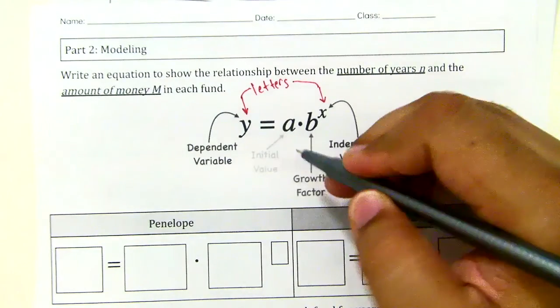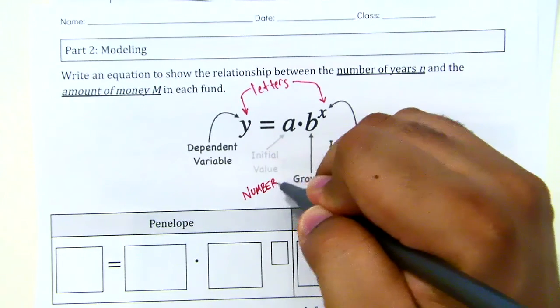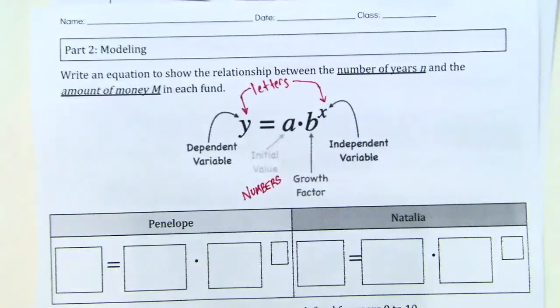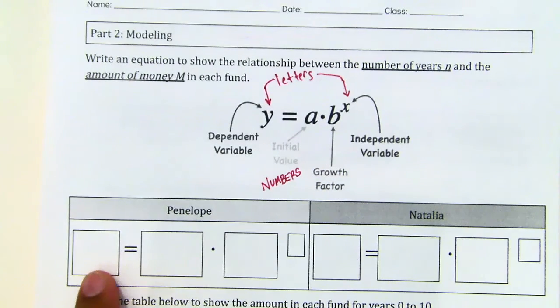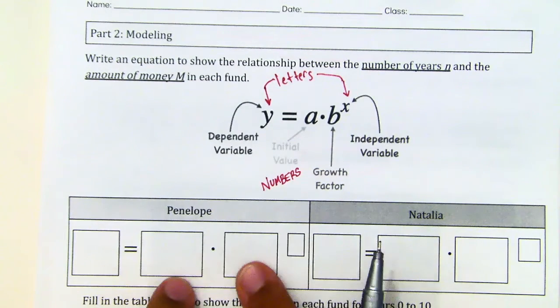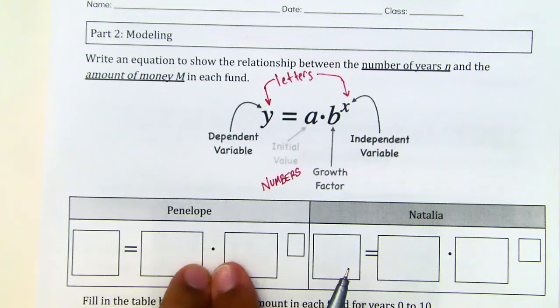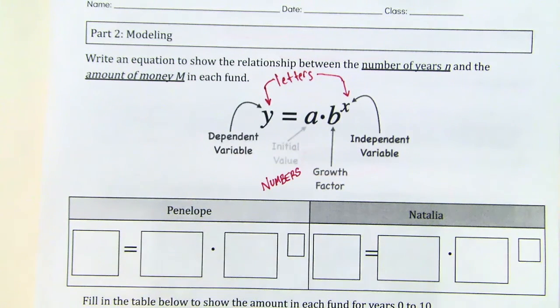A and B, those should be numbers because it's your initial value and your growth factor. So again, try not to mess that up. That means that when I'm looking at my equation here for Penelope, this right here and this right here are going to be letters. Those are my variables. These two boxes are going to be my initial value and my growth factor, so these two are numbers. Please try not to get that mixed up.